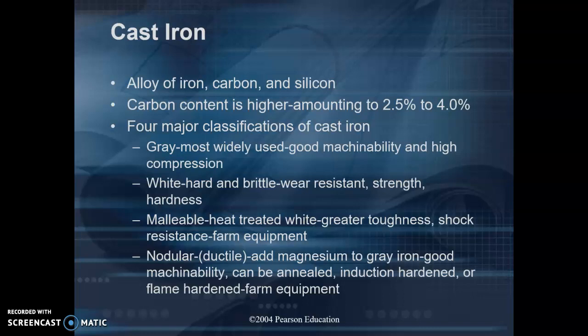And there are different classifications of cast iron depending on the proportions of its constituent materials and the way it is processed. These types of cast iron include gray iron, white iron, malleable, and nodular or ductile cast iron, and so that's just something that is typically found in the title block of a drawing, the material that is used to make it. Just something to be aware of when reading drawings.